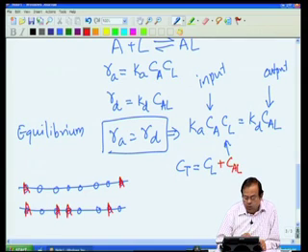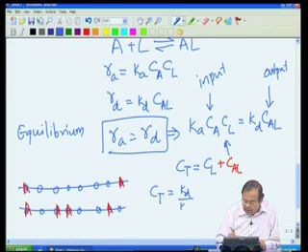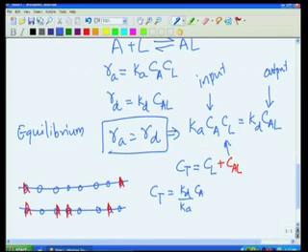That's wonderful, because if this is a constant, then we can put for Cl, for example, this relationship, namely Kd by Ka, Cal by Ca.